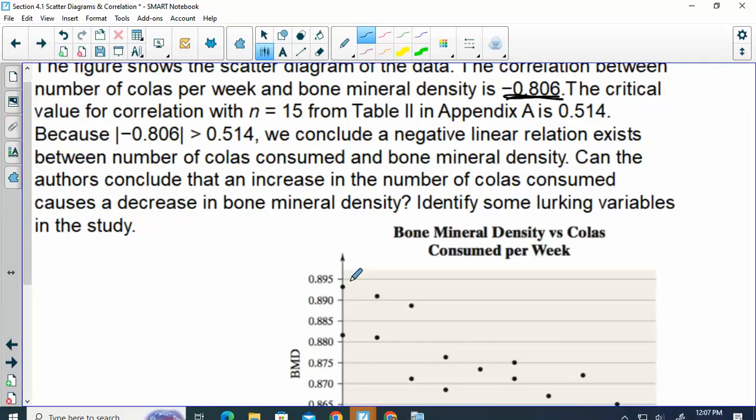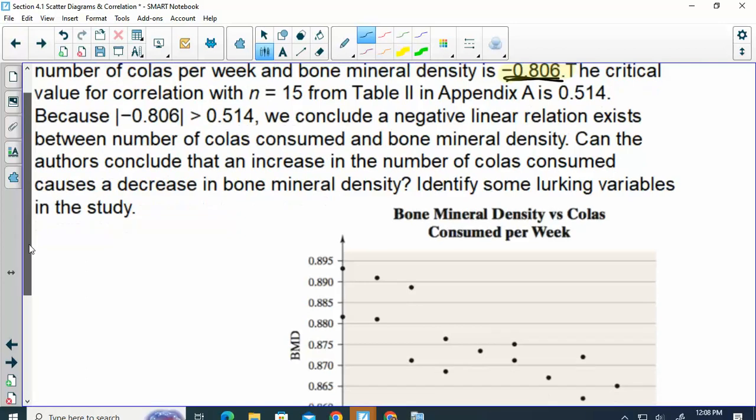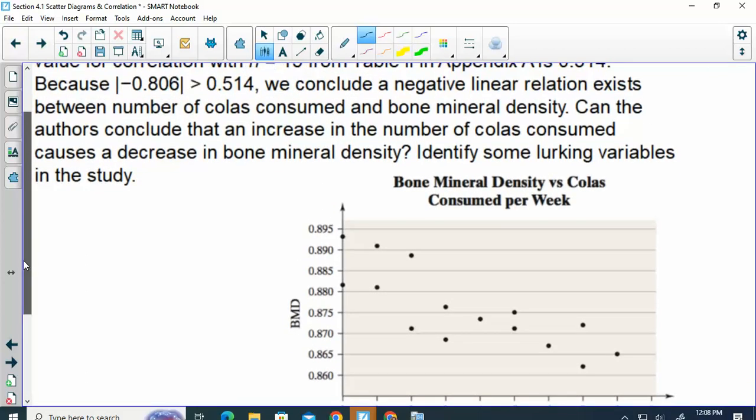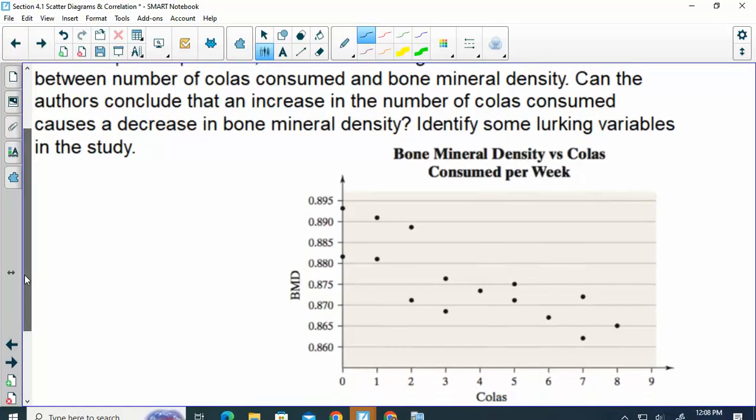Correlation, negative 0.806. So what does that tell me? It's a fairly strong negative linear relationship. So the more they drink, the lower the bone density. So we conclude a negative linear relationship exists.